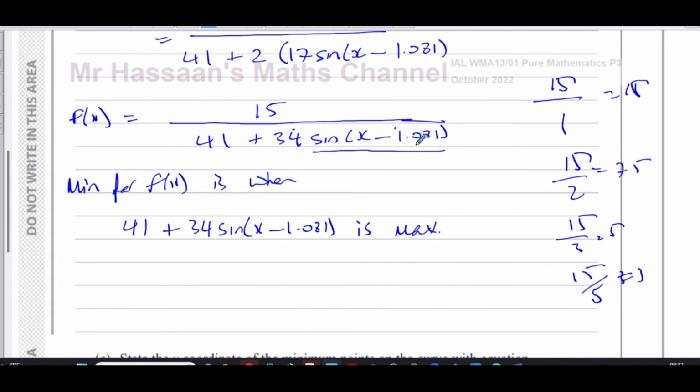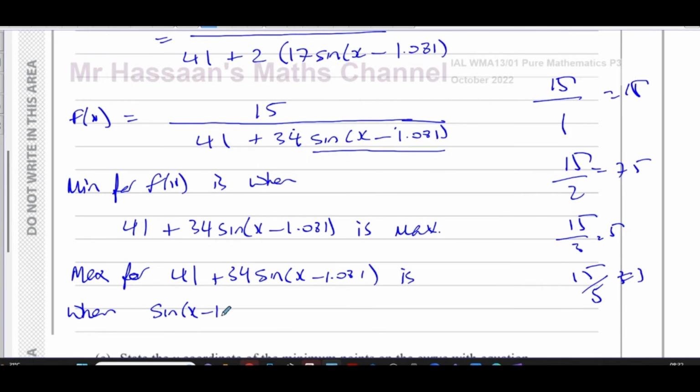So when this whole denominator is as big as possible, the fraction becomes as small as possible. And we can say the maximum value for 41 plus 34 times the sine of x minus 1.081 is going to be when the sine of x minus 1.081 is its maximum value.